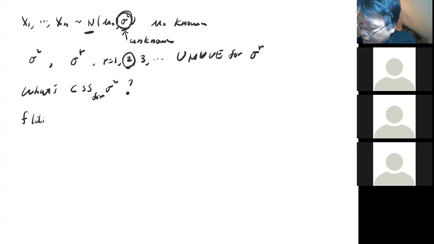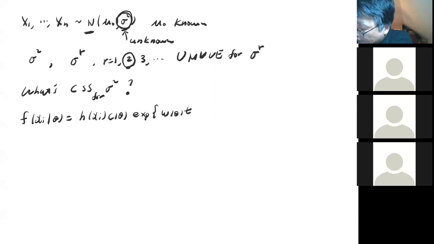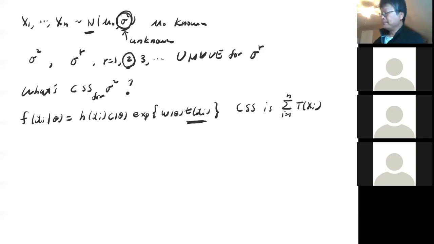If I can write the single PDF as h(x) c(theta) exponential w(theta) T(xi), then eventually I can claim the complete sufficient statistic for theta is the summation of i from 1 to n of T(xi).